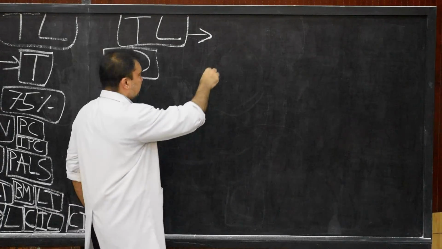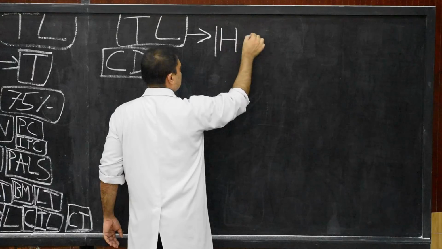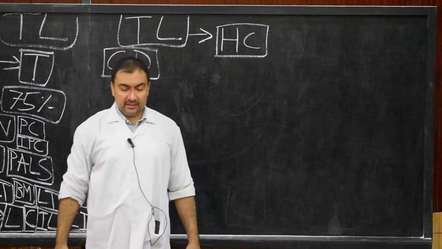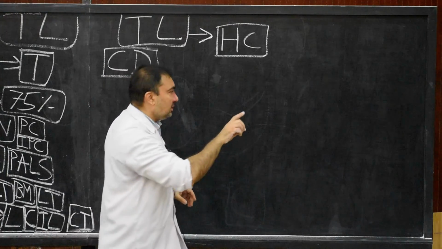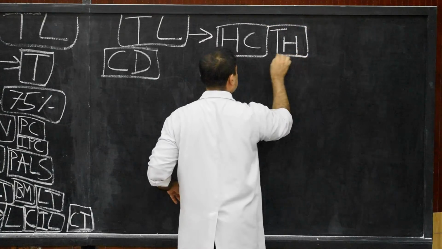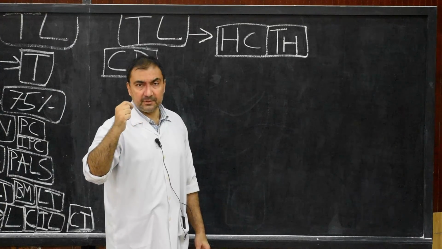First and foremost are the helper cells, the helper T lymphocytes, called TH cells.